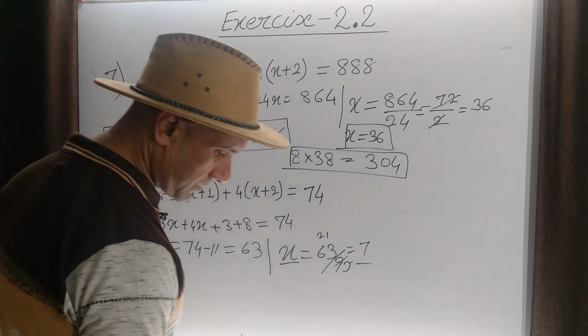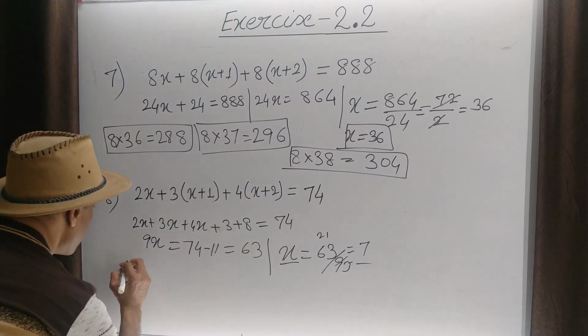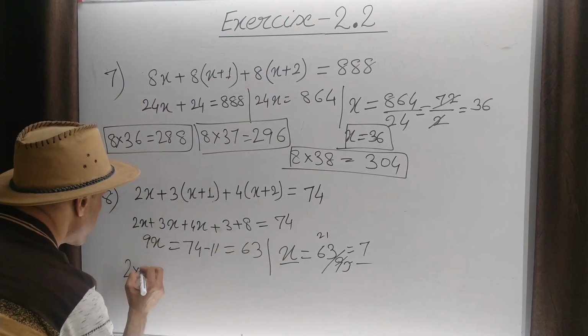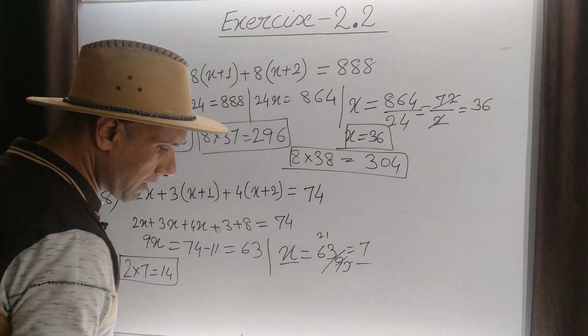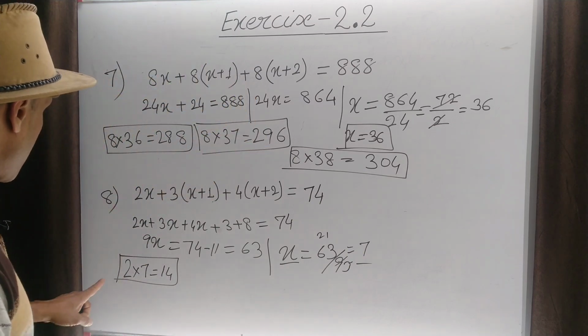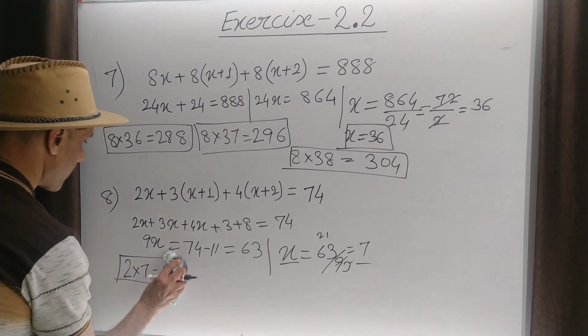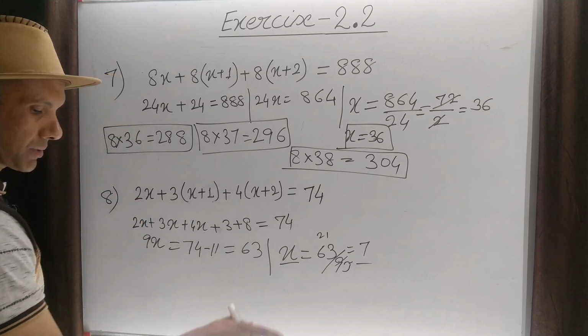We have to find the integers, correct. So the first integer will be 2 into x, that is 7, that is 14. Sorry, the first integer is x. We had multiplied this with 2. So I stand corrected here.